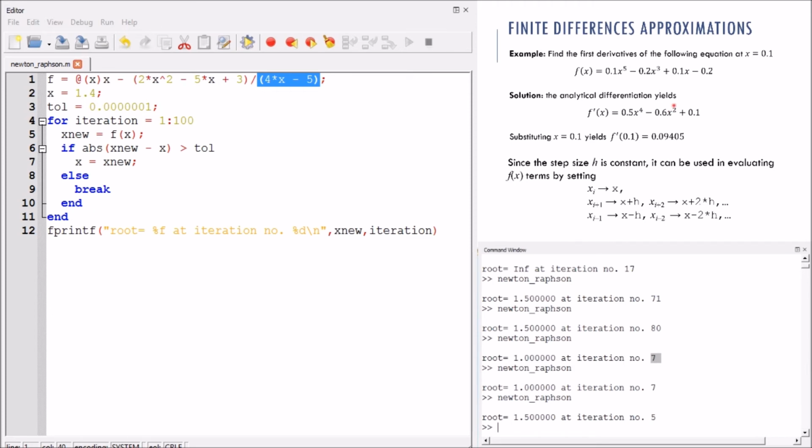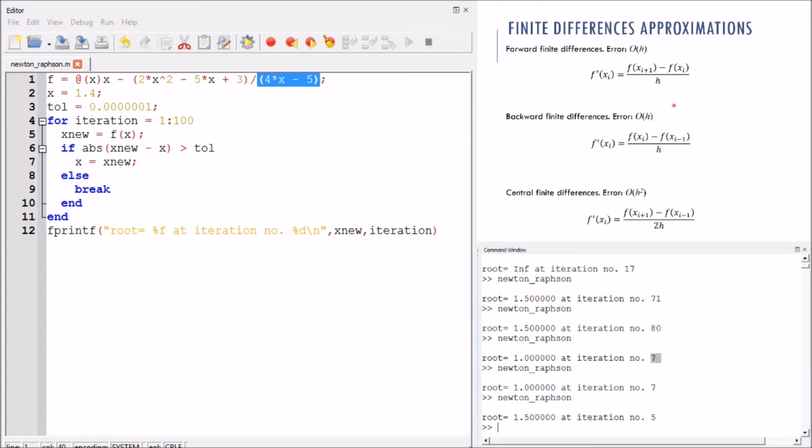Let's return to the previous page in order to see the equations. So let's do something here.